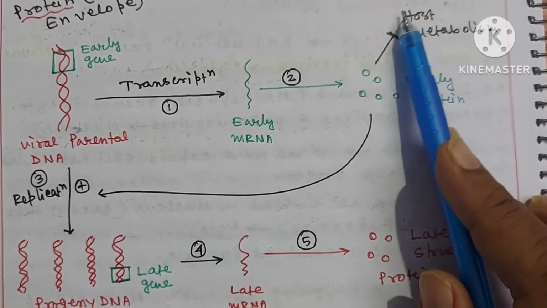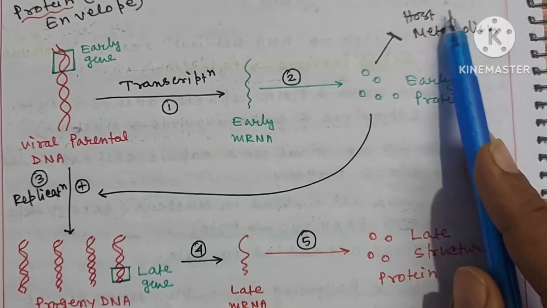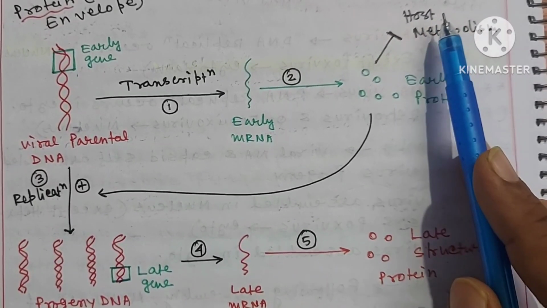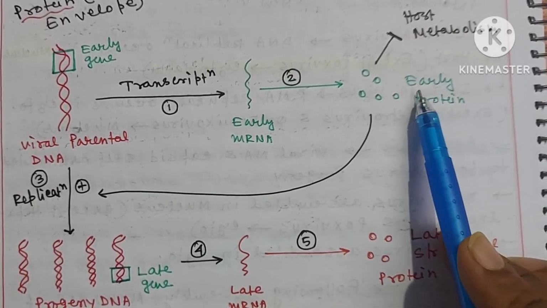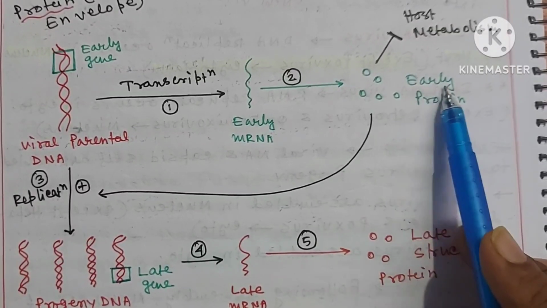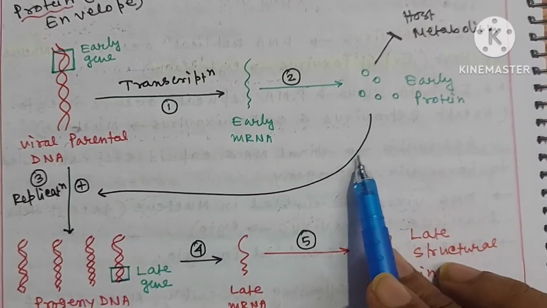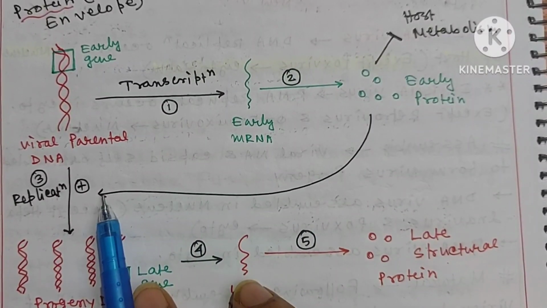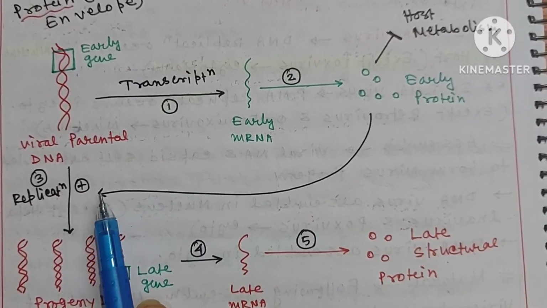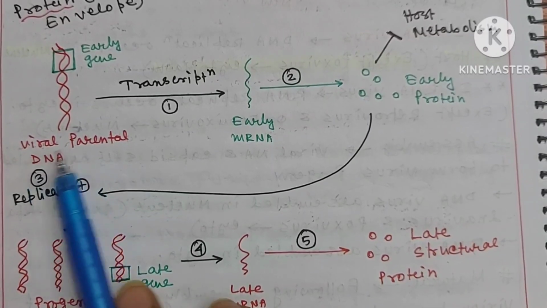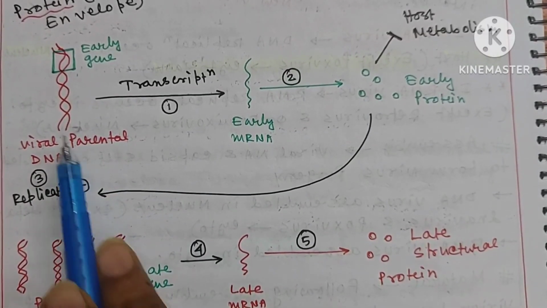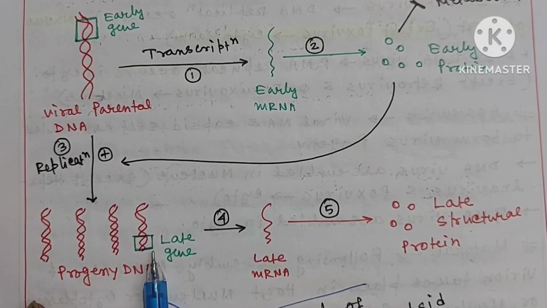That is, they hijack the total host protein synthesis machinery. This early protein, synthesized first inside the host cell, also serves as a replicating enzyme, and with its help the parental DNA replicates and increases in number inside the host cell.